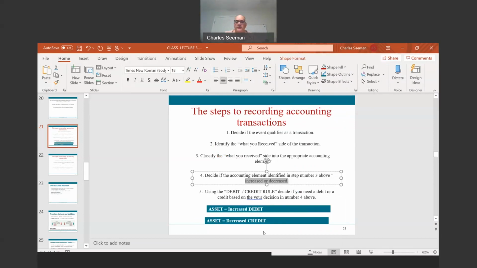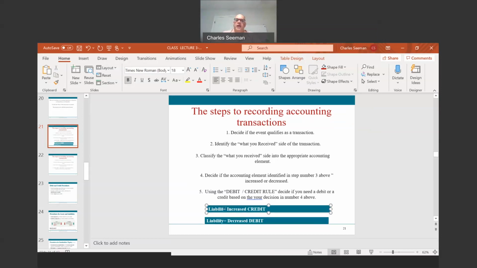We have an expense, and if it increased, we use a debit. If we have an expense and it decreased, we use a credit. If a liability increases, we use a credit. Liability decrease, we use a debit.